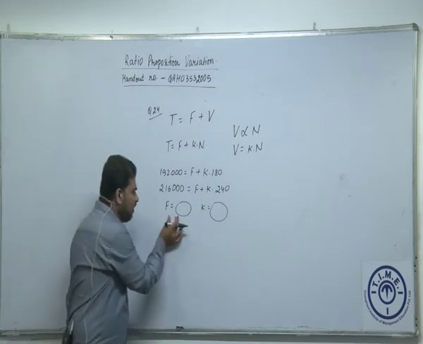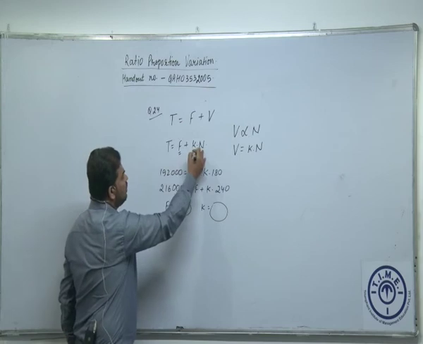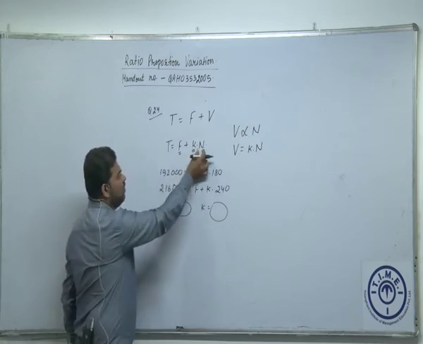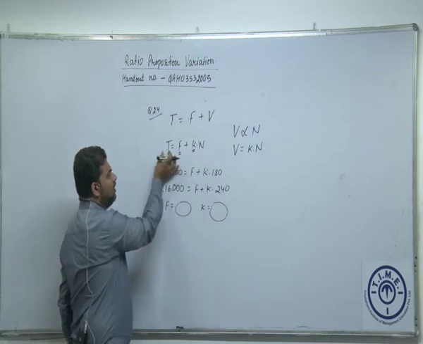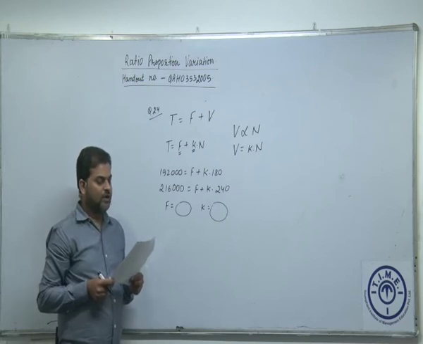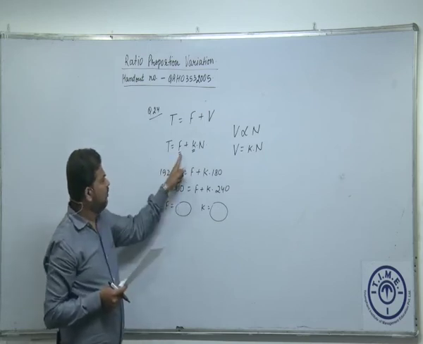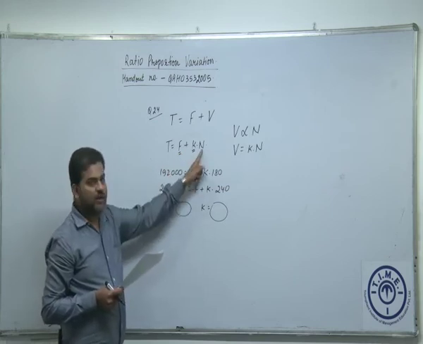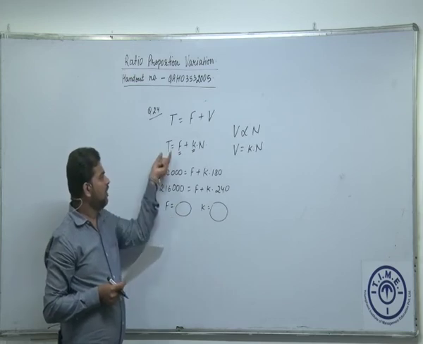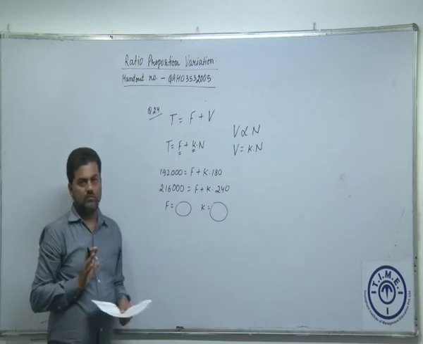Once you get the value of F and K, then the moment you get a new value of n, you can put the values here and get the total expenses, isn't it? So the question is asking to find the total expenses when it had 270 occupants. So we'll know the value of F, we'll know the value of n, it will be 270, we'll know the value of K from here, and then we can find the total expenses. Okay. This is one way of solving this question.